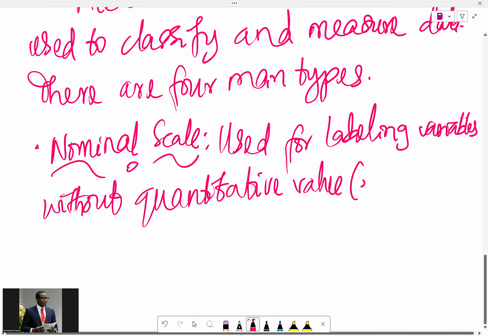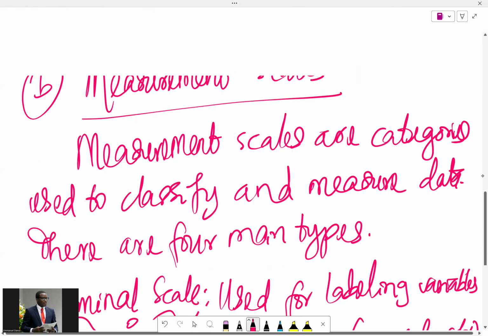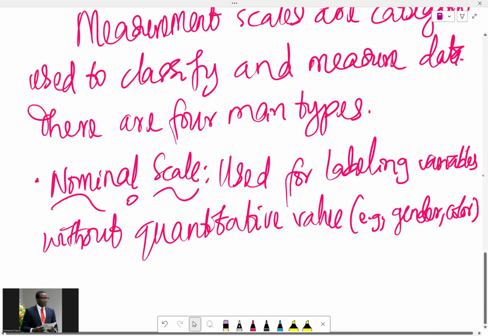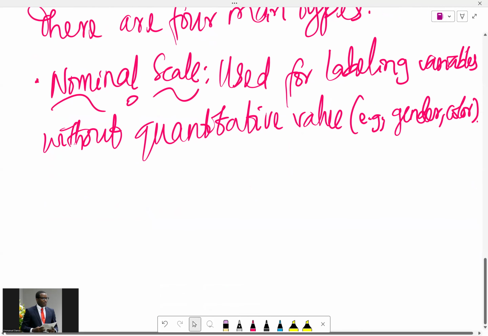So things like gender and color. Then we have the ordinal scale.